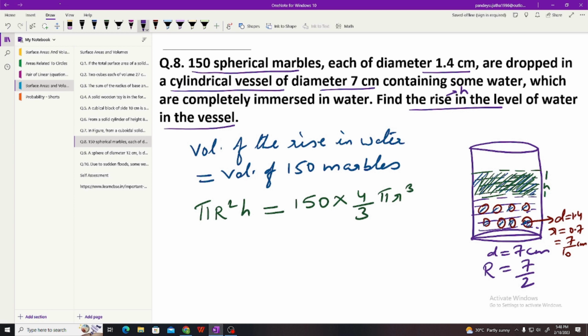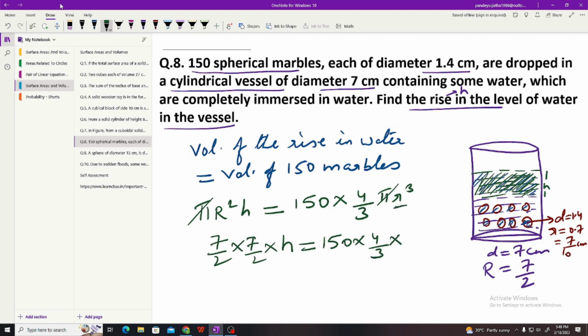So now put the values, cancel this pi and this pi. So R square is 7 by 2 into 7 by 2 into H, we need to find this height, that is the rise in the water level, equal to 150 into 4 upon 3 into r cube.